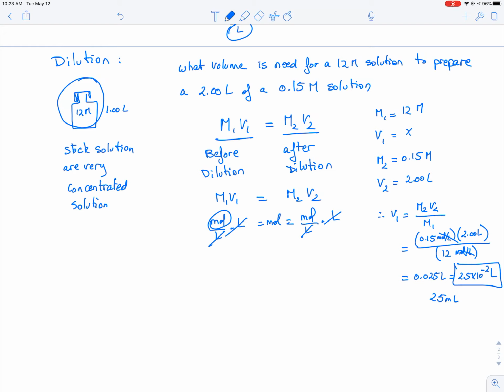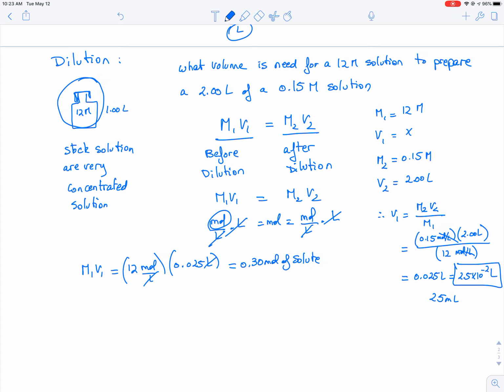Let me explain again. If I do M1 V1, what's M1 again? 12 molar, 12 moles over liters, times V1, and V1 we found to be 0.025 liters. Liters cancel, so times 12. So how many moles do I have? I have 0.3 moles of my solute.